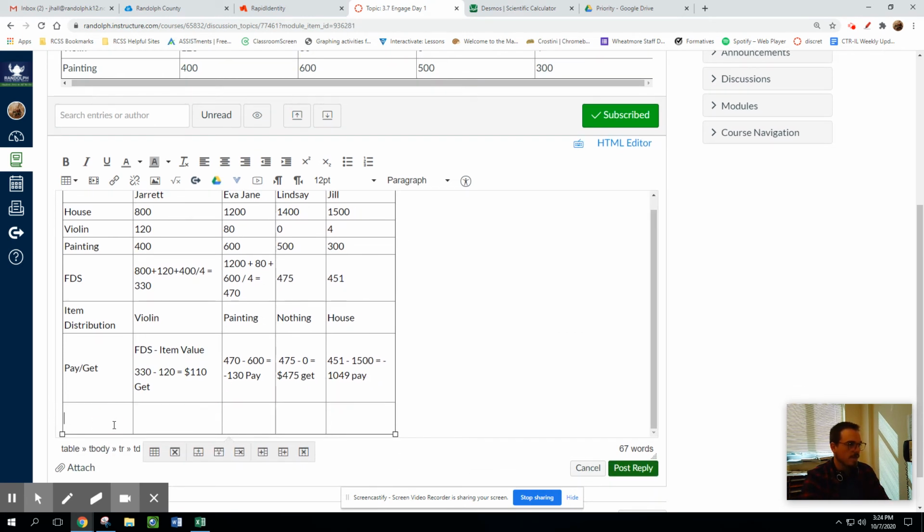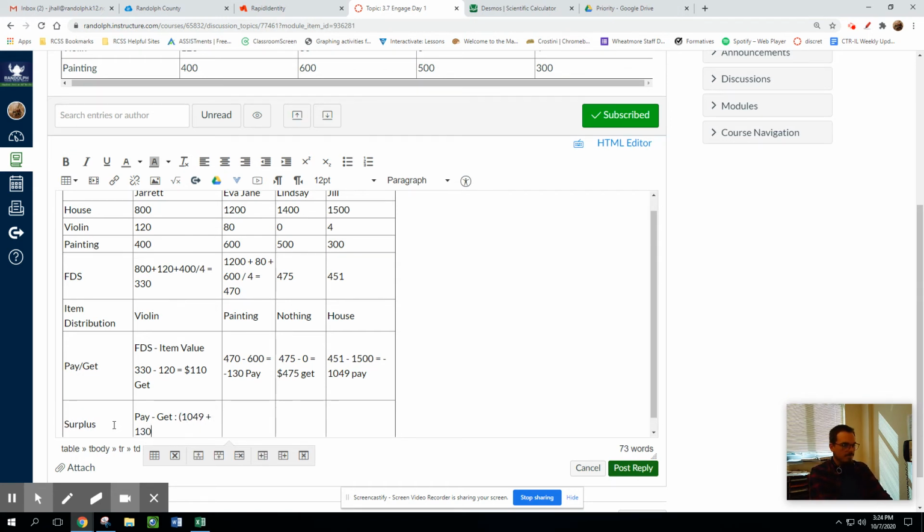So after the pay get, then you do the surplus. Remember, for surplus, it is going to be pay minus get, which here there is a pay of 1,049 plus the pay of 130, minus the get, which is 110 plus 475.